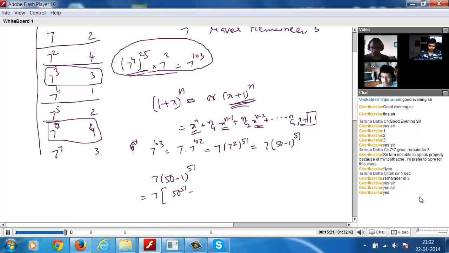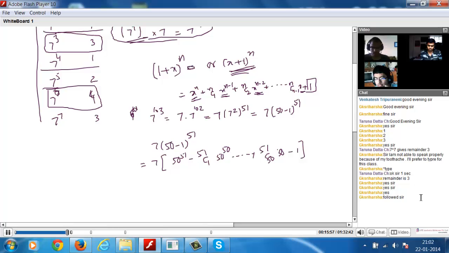In x minus 1 whole to the power of n, every term contains x, right? So 7 into 50 minus 1 whole to the power of 51 is 7 into 50 power 51 minus 51C1 into 50 power 50, like this. What is going to be at the end?